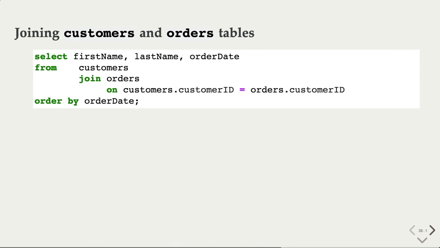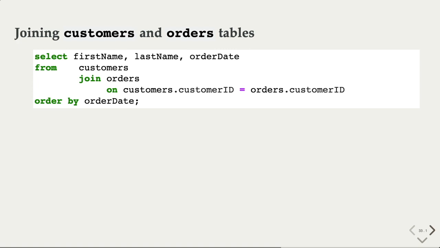Here's one example. Imagine you have a table for customers that maintains all the detailed information about the customers: customer ID, customer's name, customer's address, and so forth. And then you have an orders table where you keep track of the orders that the customers have placed on your website.